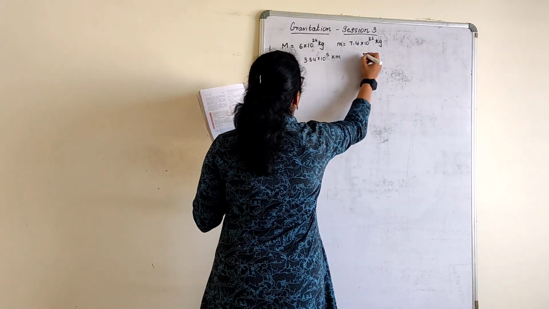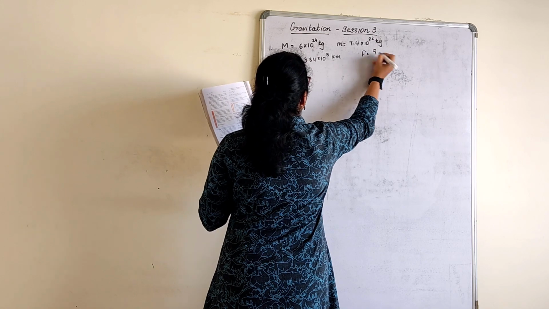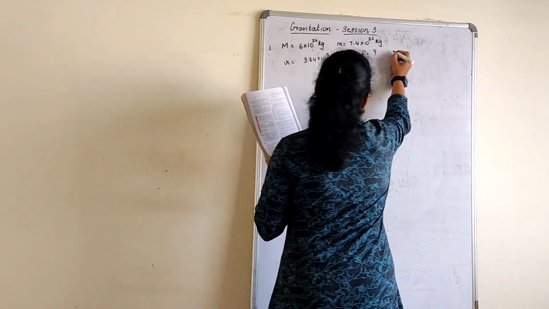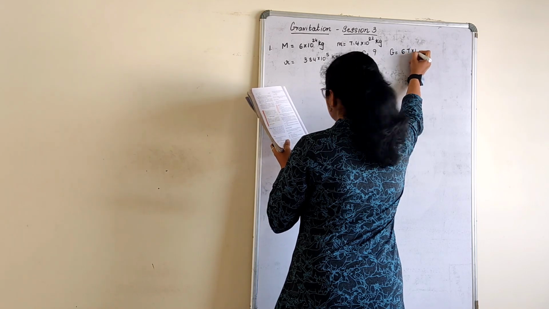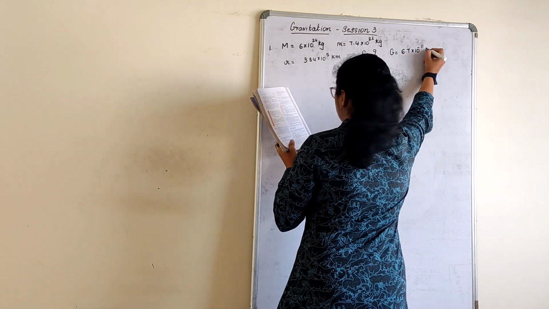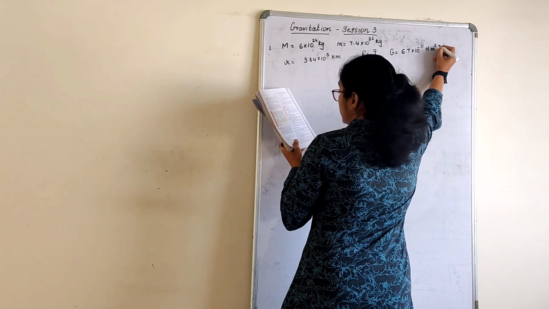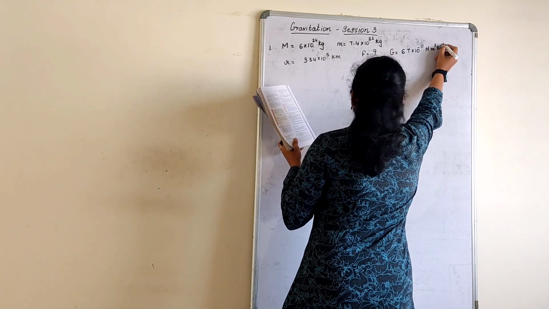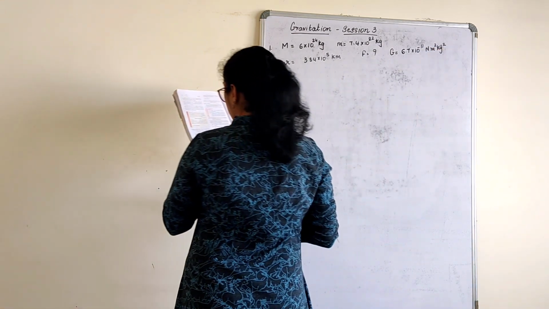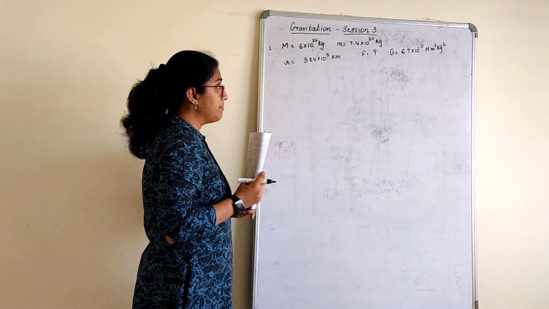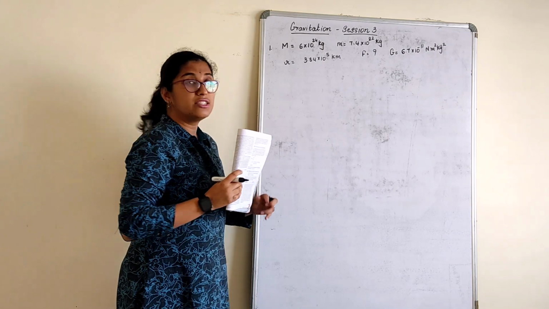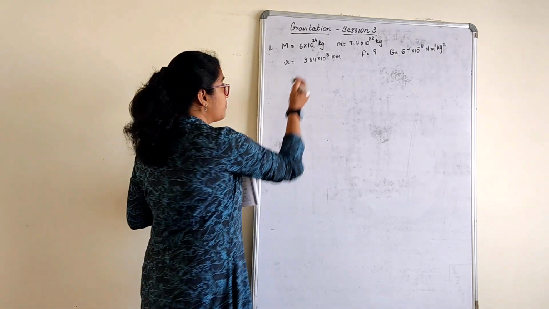So calculate the force exerted where G is given as 6.7 into 10 raised to minus 11 Newton meter square kg minus 2. Now here children, this is 10 raised to 5, it is in kilometer. Distance always is in terms of meter.